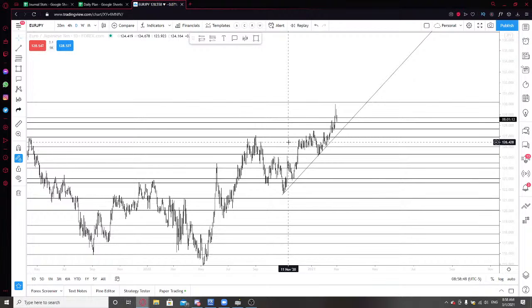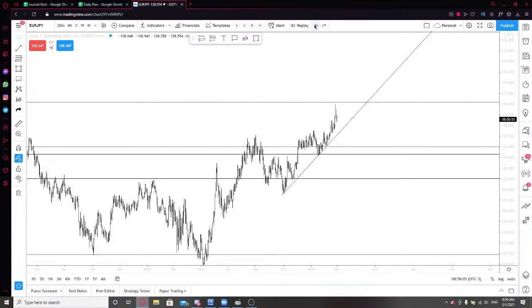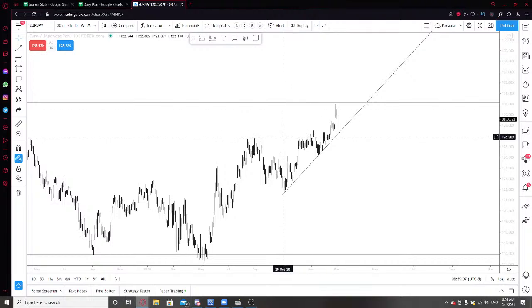It's basically your job to make a decision every single time price hits one of your lines. And then you're staring at the chart all day, and you're like, oh, is it going to reject here, or is it going to go to the next one? That type of thing all day, every day. It's not an efficient way to mark up your chart. It's not an efficient way to trade, in my opinion.